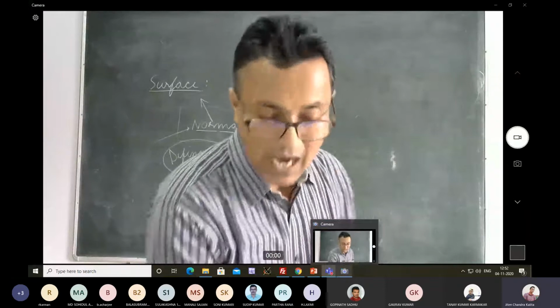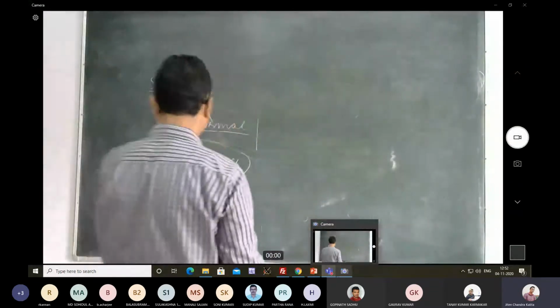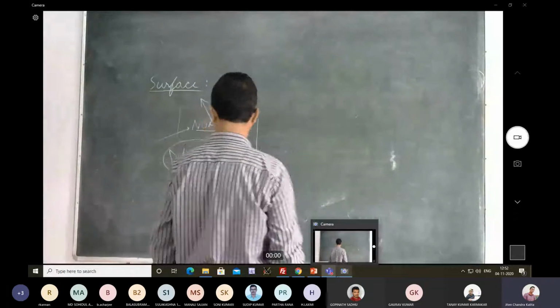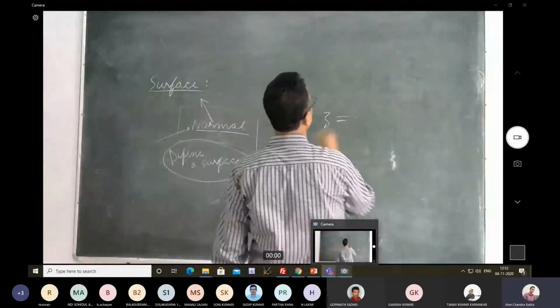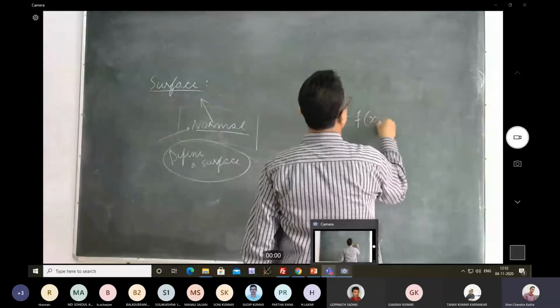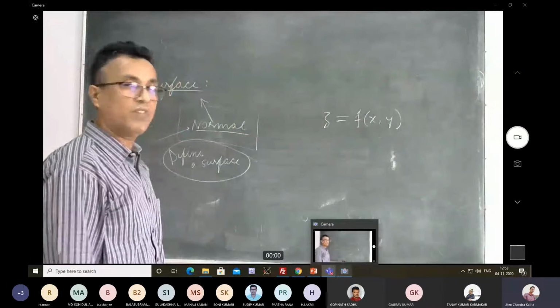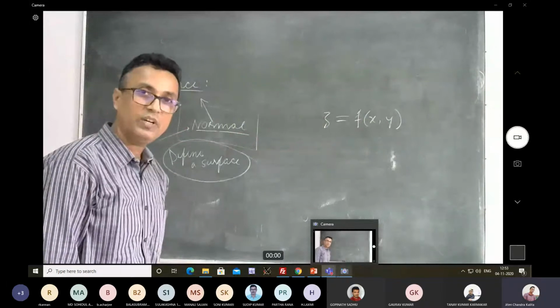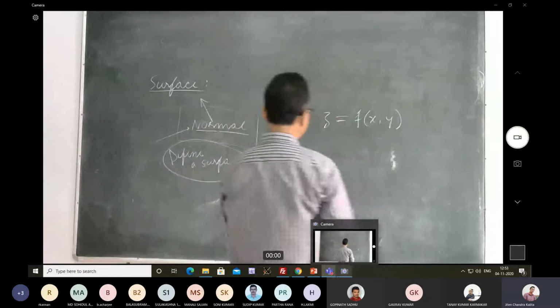Now, I am not going to go into details, but I'd like to bring this to your attention. You know that I can define a surface like the graph of a function. What happens in that case?